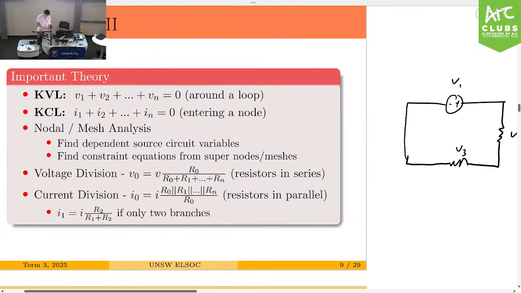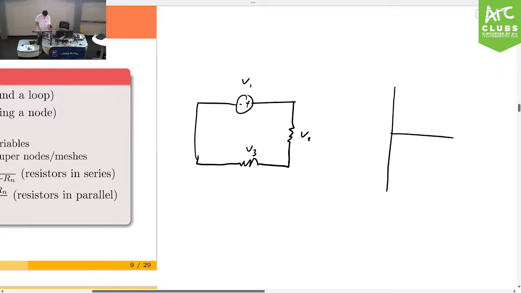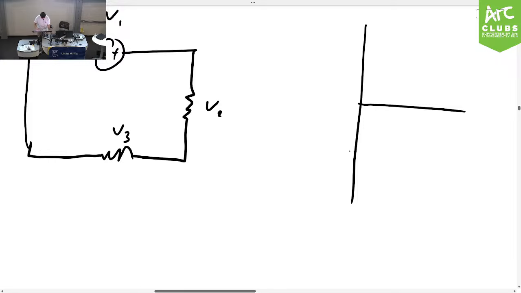And then we have Kirchhoff's current law, which is if you're given a node, so let's say at this point, where current will split, the current that enters here, we'll call this I1, and let's say I2 is leaving and I3 is leaving.